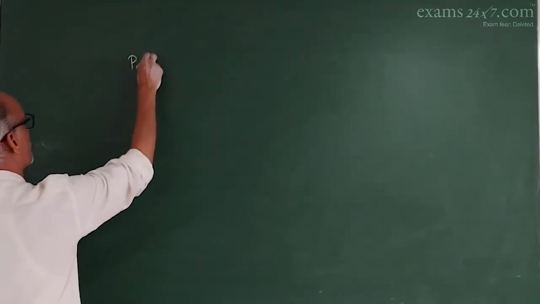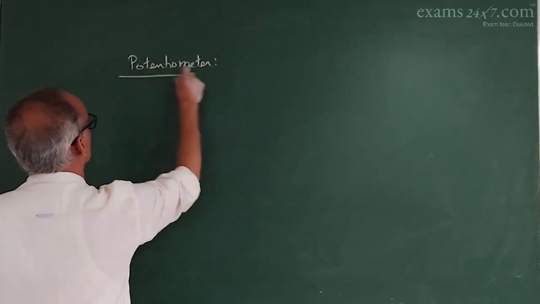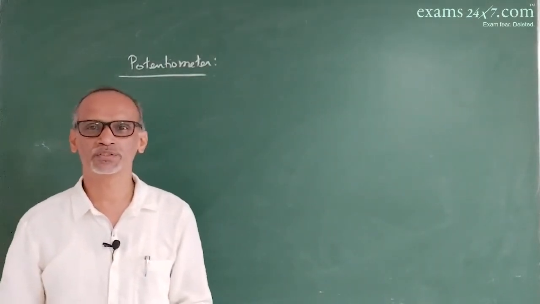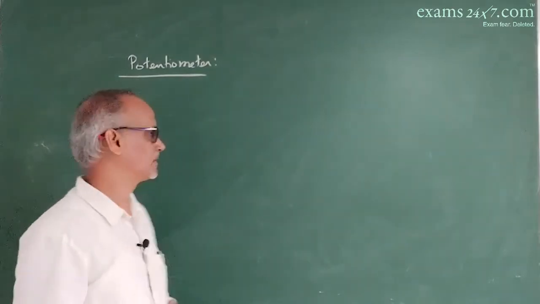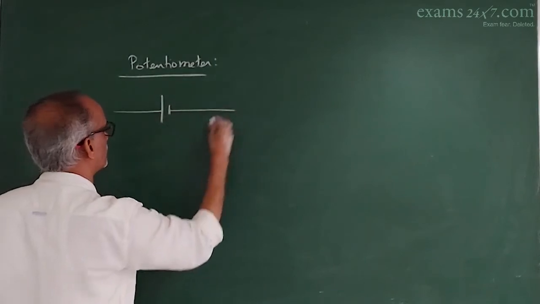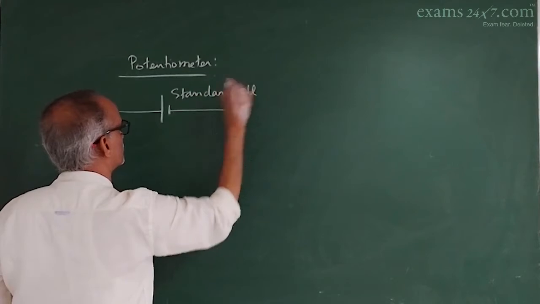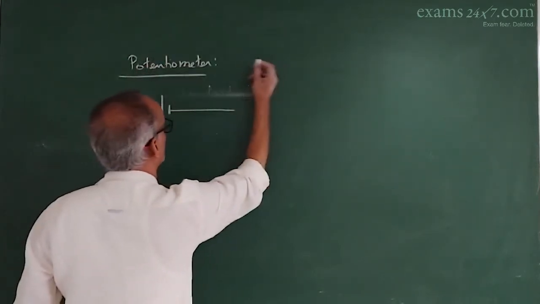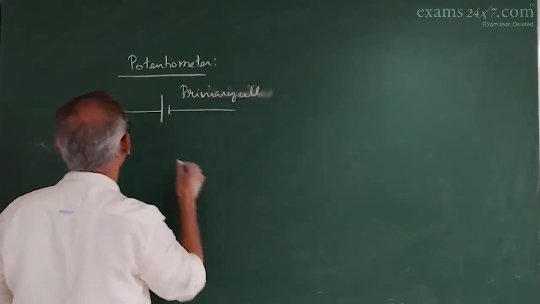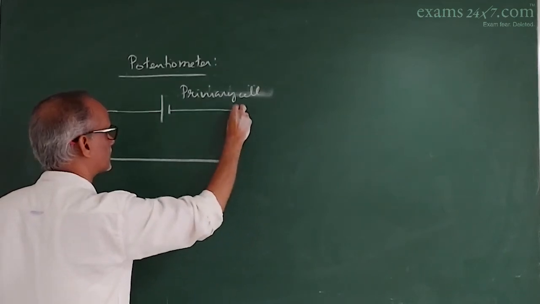So we have a device called potentiometer. A potentiometer is a device which is used to measure EMF of the cell. And in this potentiometer, we have the standard cell, which is also called the primary cell, which is connected to a potentiometer wire.